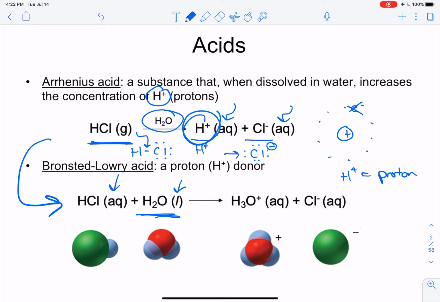So you can see that in the equation above. But the H plus doesn't really exist floating around on its own in the water. What happens to it is the H plus hops onto a water, and it becomes this guy right here. It becomes H3O plus, which is called hydronium.